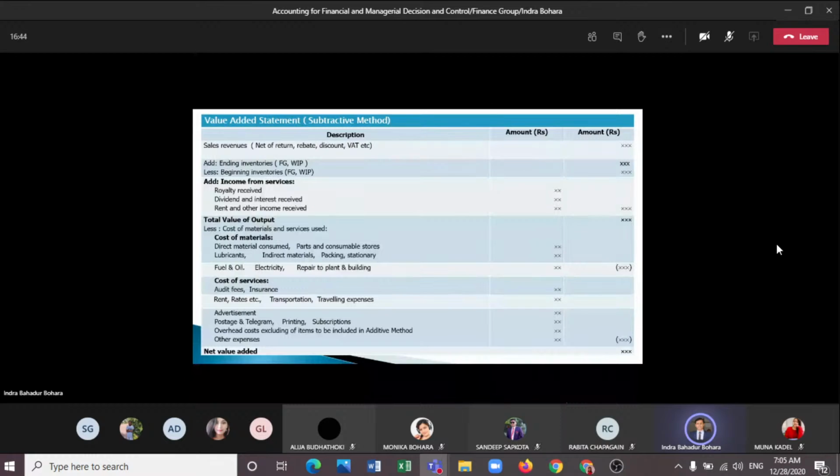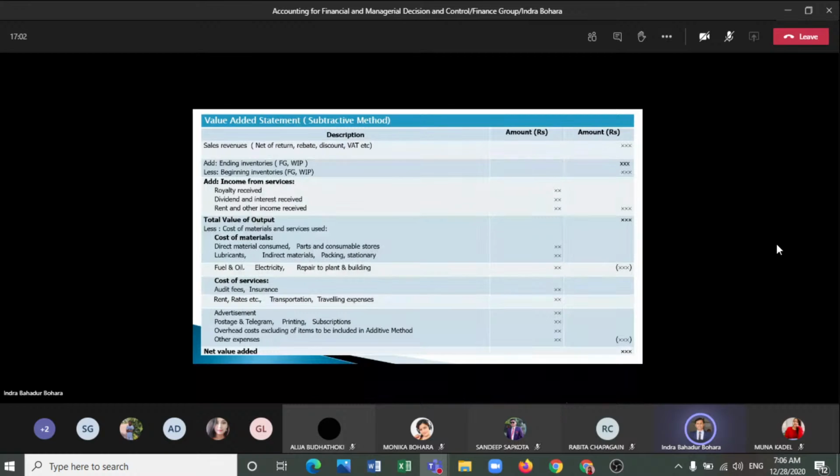These are the cost of material and services. Suppose all of this is 6,000: 5,000 is cost of material, and 1,000 you spend on other service expenses, so the total is 6,000 rupees.